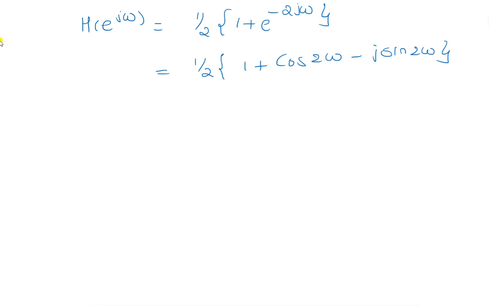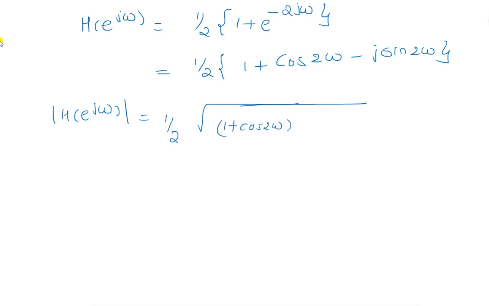To plot the magnitude response and phase response, we need to determine the modulus of H of e to the power of j omega for the magnitude response, and the angle of H of e to the power of j omega for the phase response. The modulus can be written as 1 by 2 into the square root of a square plus b square, so 1 plus cos 2 omega whole square plus sine square 2 omega.